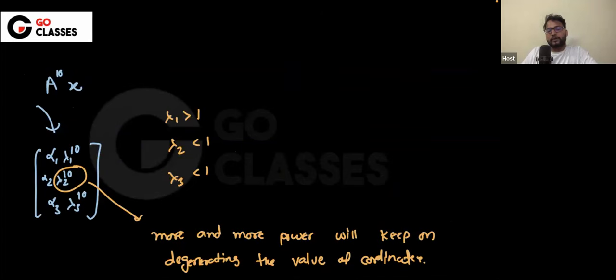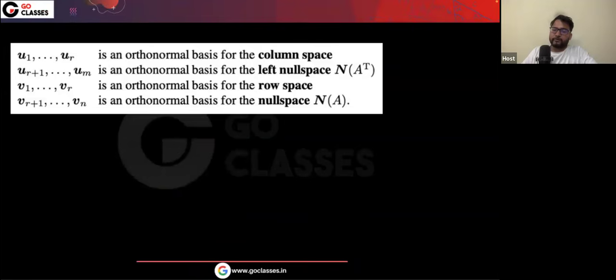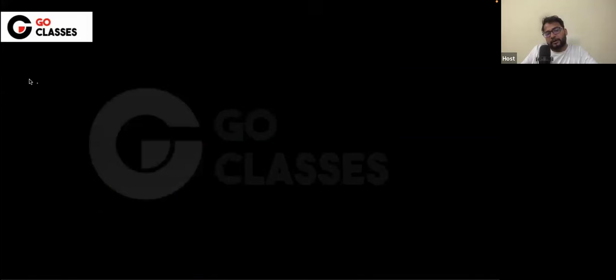But now let's suppose A is not a square matrix, so you don't have eigenvalues and eigenvectors, but you have singular values. So now suppose A is not a square matrix. Instead of Ax equal to lambda x, what do you have?